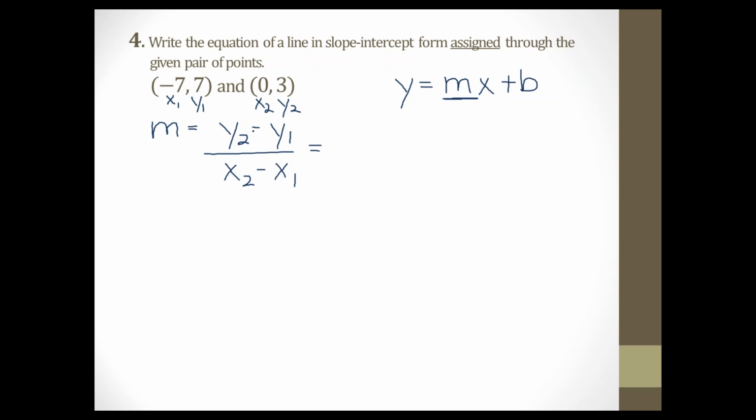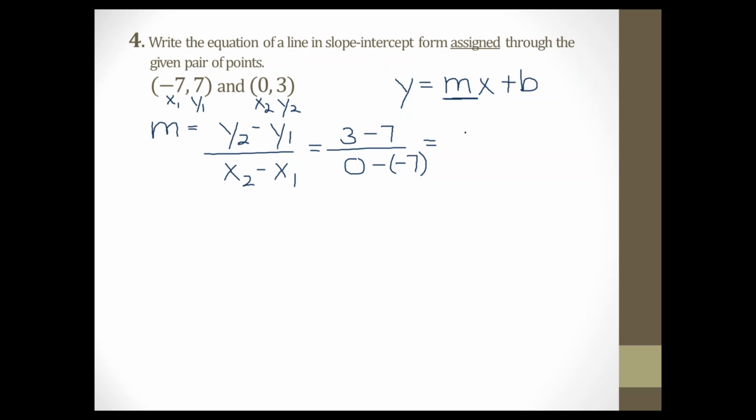So starting with y2, I have 3 minus y1, which is 7, and then over x2, which is 0, minus x1, which is negative 7. So the first negative is from the formula, and the second negative is from the actual coordinate.